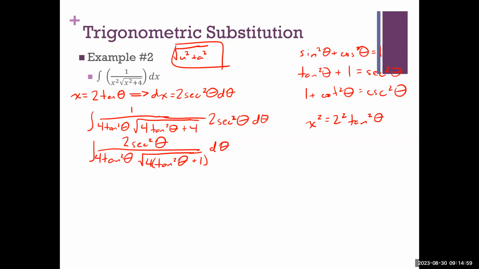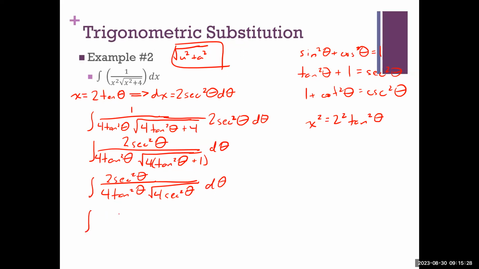Okay, so now that we factored out that 4, what do I know about tangent squared theta plus 1? It's secant squared theta. So the integral of 2 secant squared theta over 4 tangent squared theta times the square root of 4 secant squared theta d theta.